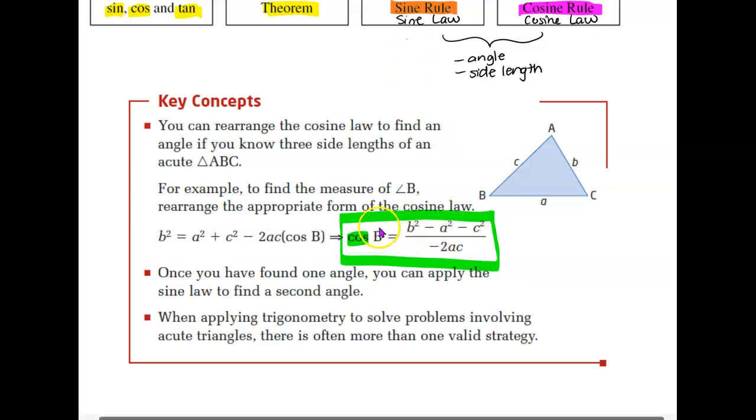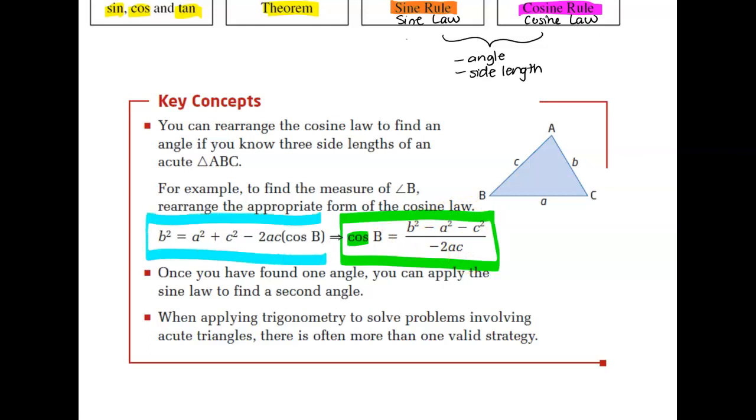Then just remember to get rid of that cos by using the cos inverse of the answer you get on the right side. The other formula over here was the original cosine law, which is used to solve for a side length. So this one is used to find the side length, and the right side formula is used to find an angle. All right, so good luck and have fun with cosine law.